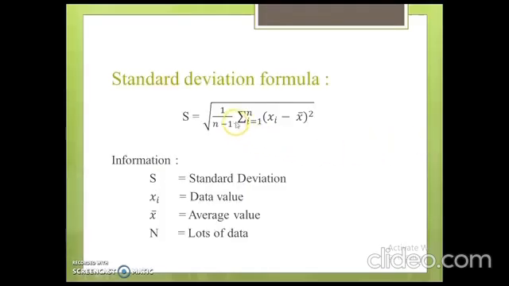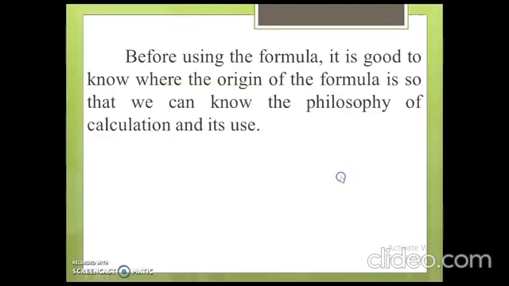The standard deviation formula is s equal to square root of 1 divided by n minus 1 sigma xi minus x bar squared. In the formula, s is the standard deviation, xi is the data value, x bar is the reference value, and n is the number of data.